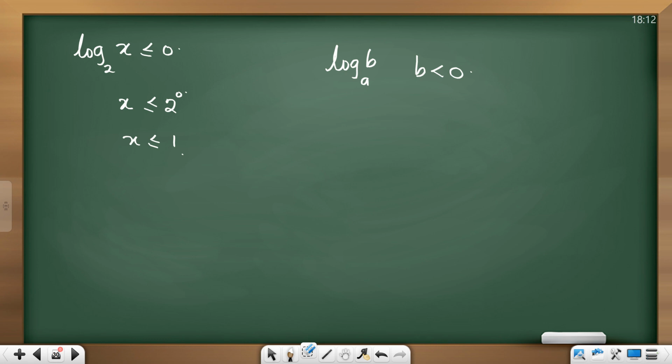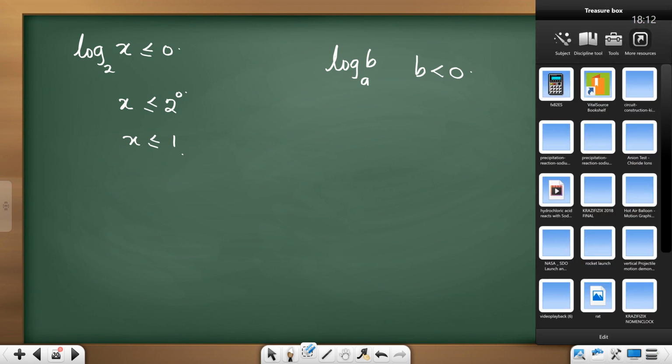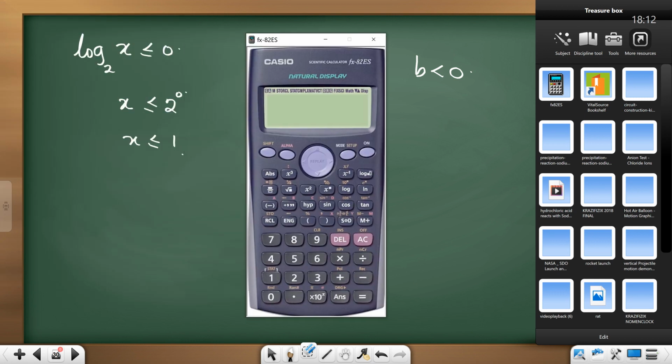Let's get a calculator to test it. We said x should be less than or equal to 1. Let's put 1. Do you know what your answer is here? 0. Now, that's a rule of logs. Now, anything less than 1.